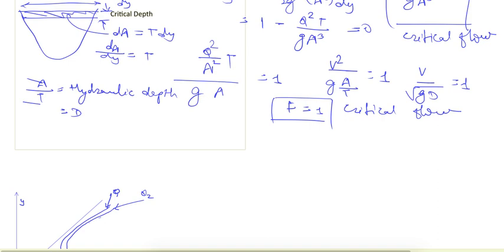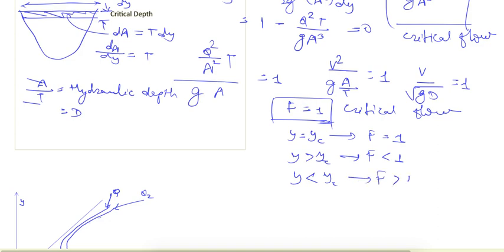So from here we can see that at critical depth, like for yc, F is equal to 1. If the flow depth is greater than yc, F will be less than 1, and if it is less than yc, then the Froude number will be greater than 1.